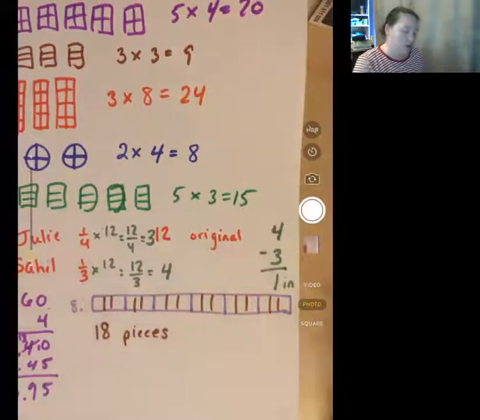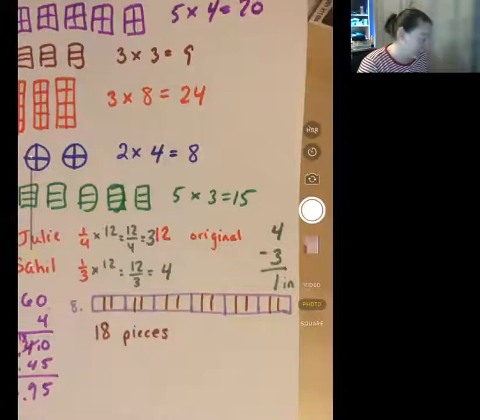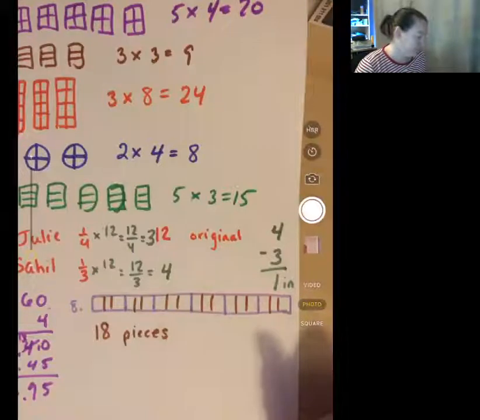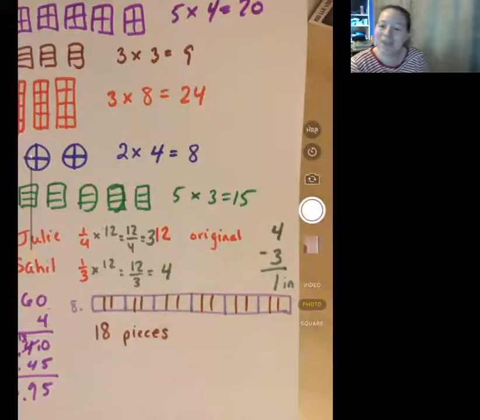Then we want to know how many inches long each of those pieces is. So we had how many inches long? Do you remember how many inches are in a foot? There are 12 inches in a foot.